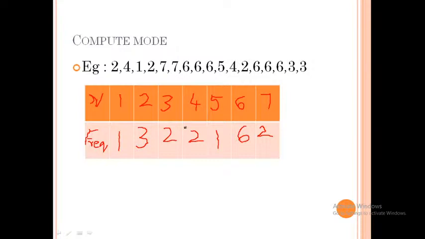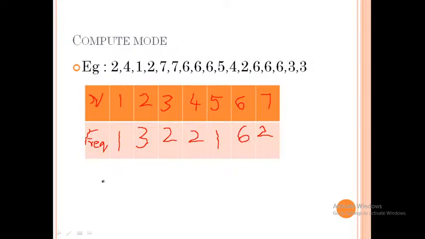While computing mode, the first step is a frequency distribution table like this, and the next step is to go through it to find the mode. The value of the variable for which the maximum frequency occurs is considered to be the mode. Here in this row we can find the maximum frequency is for 6.